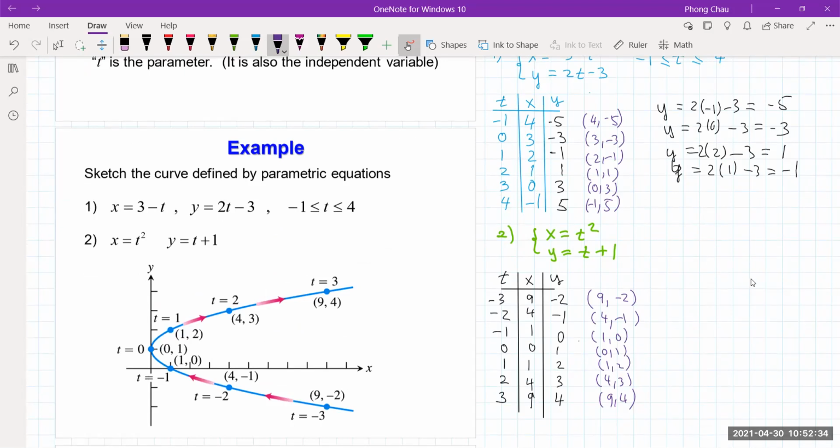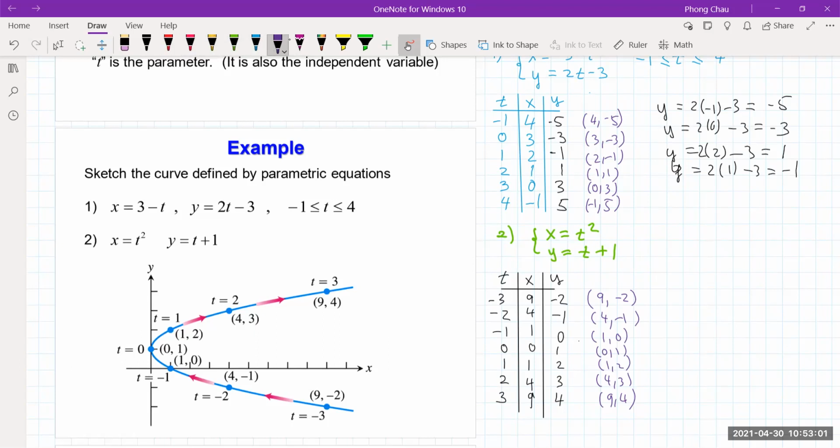Okay, so if you look at this one, for example, I can eliminate the independent variable and put it back in one equation. So how would we do that? Normally, the way we do is pick one equation and solve for t. And then we do a quick substitution.